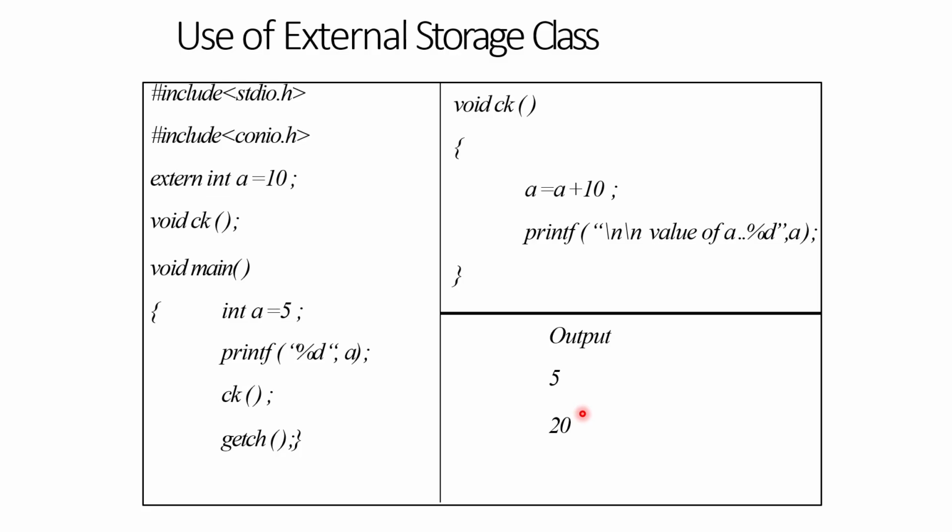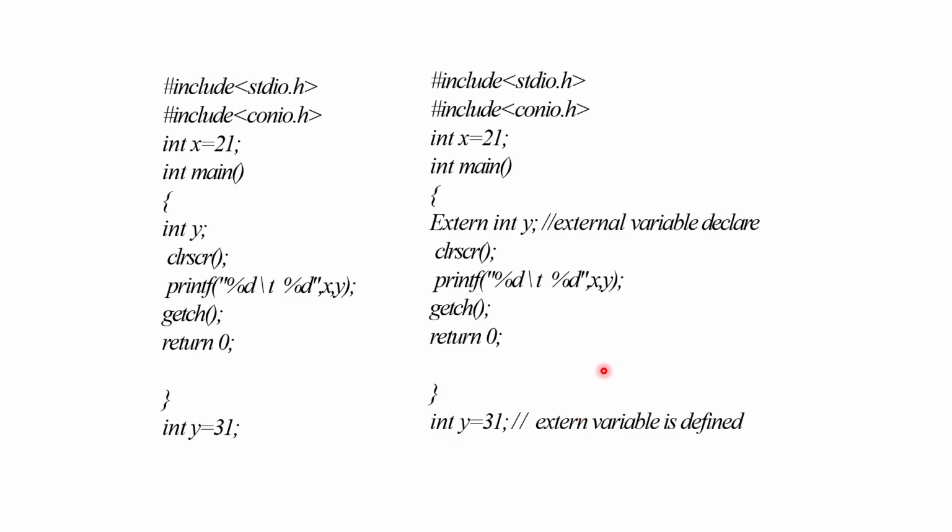Now you can understand it more with another example, like here. You see this is one program and this is another program. Totally different programs, different file names. Remember. And here you see you have written a variable int x equal to 21. Here also int x equal to 21. Everything is there. Here I have used int y.